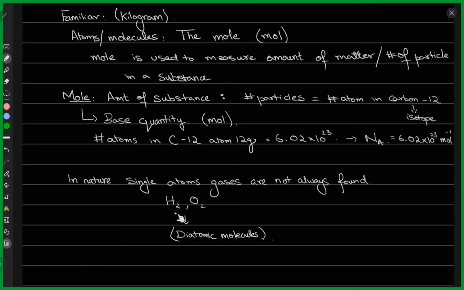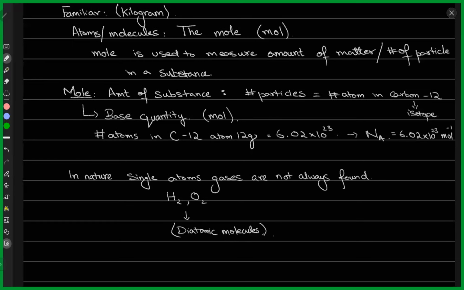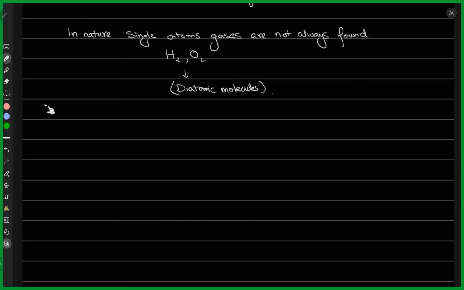Now we can move on to the main theme of the topic, which is ideal gas, right? So let's talk about ideal gas and the equation that we can use to represent ideal gases.